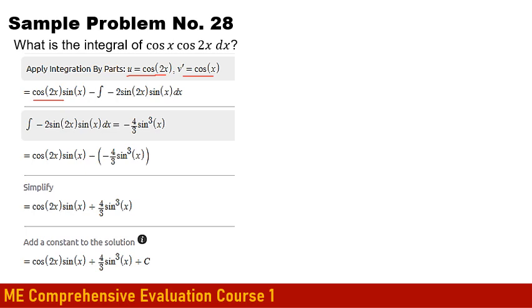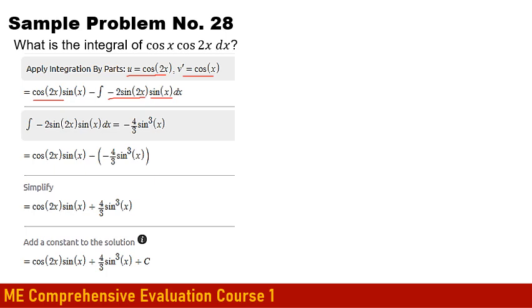So our v is sine x, and the derivative of u is the derivative of cosine 2x, that's why we have here minus 2 sine x, sine 2x dx. For the integral of this part, the integral of negative 2 sine 2x sine x dx, that is simply negative 4 over 3 sine cube x.